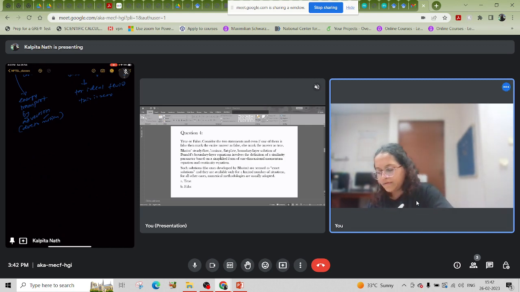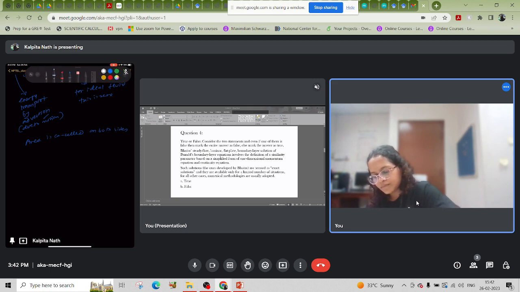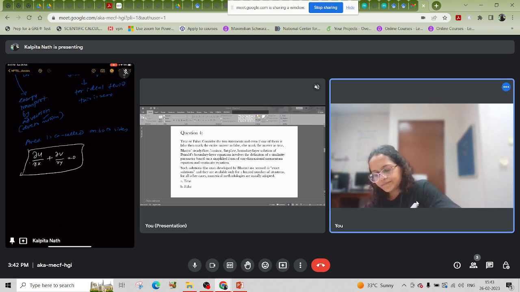So if the common terms are cancelled on both sides, what happens? The final equations are del u/del x plus del v/del y is equal to 0. This is equation number 1, the continuity equation.